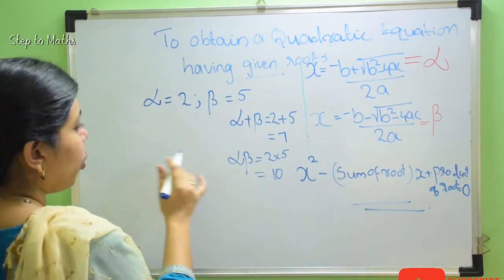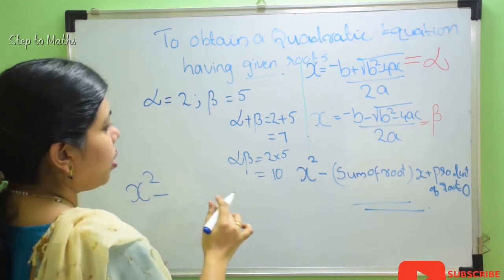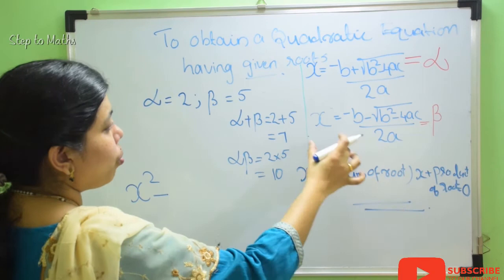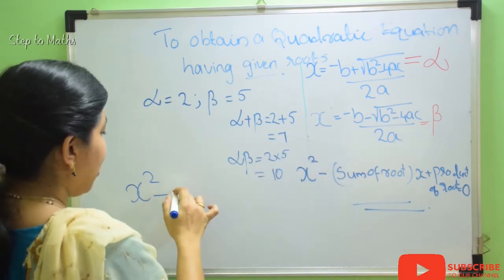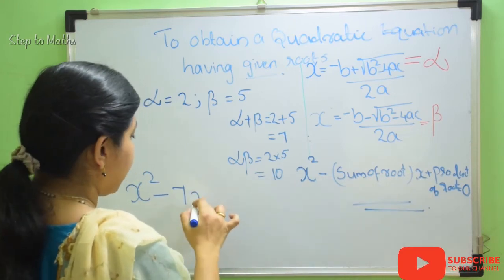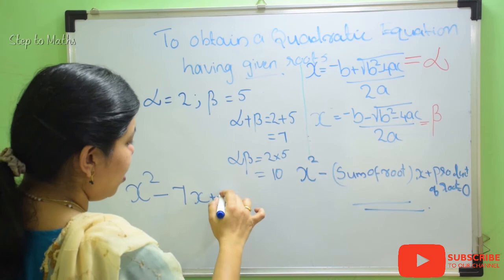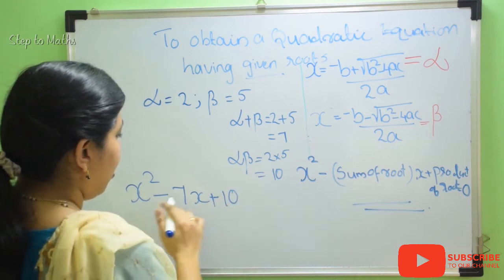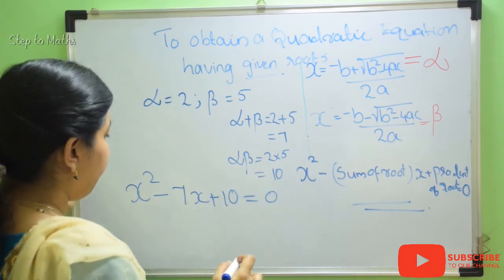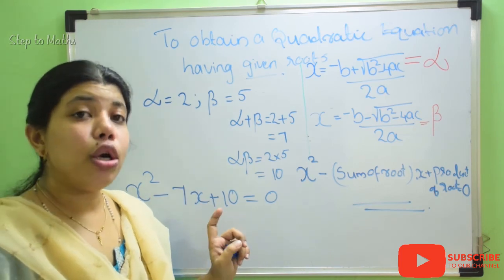So the quadratic equation is x square minus sum of roots, which is 7, into x plus product of roots, which is 10, equal to 0. That is x square minus 7x plus 10 equal to 0.